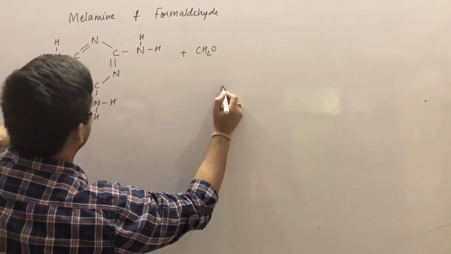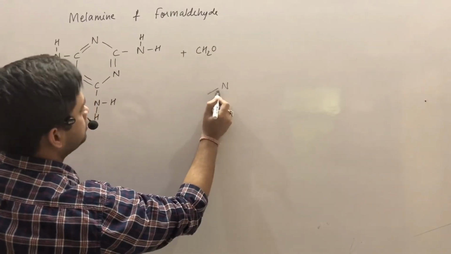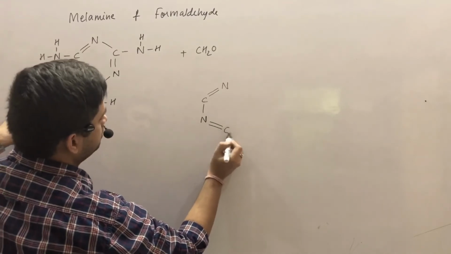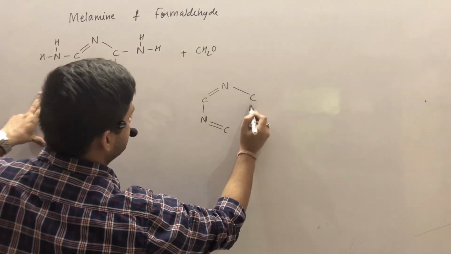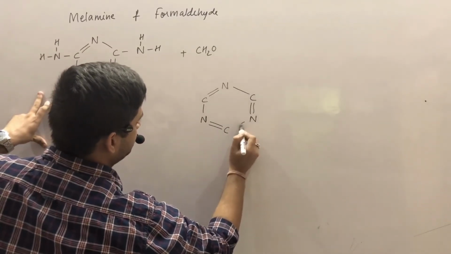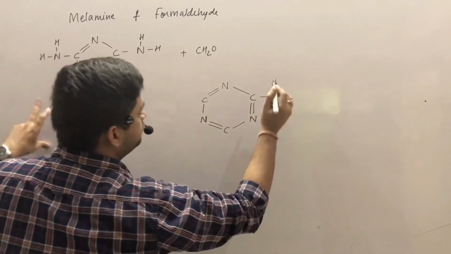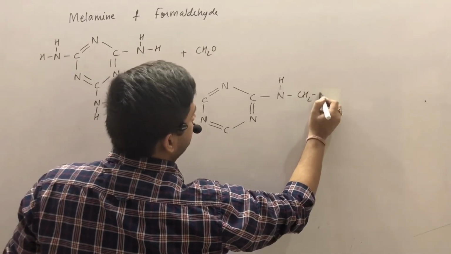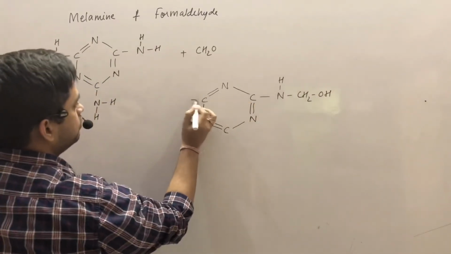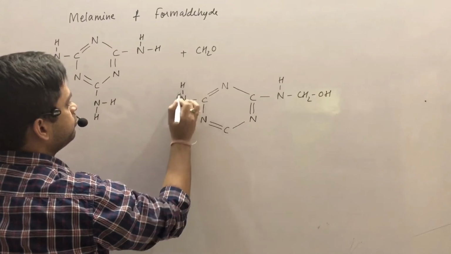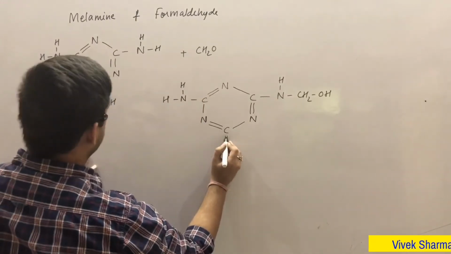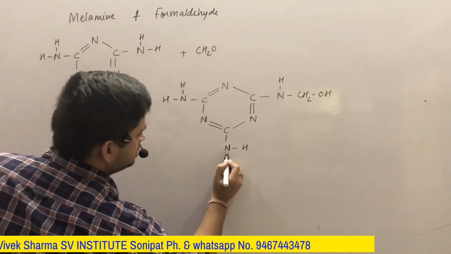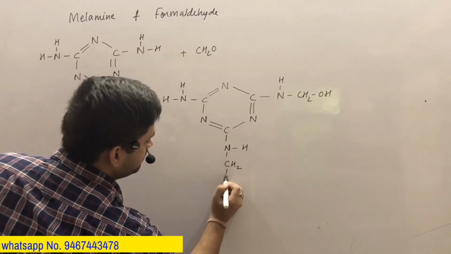So it will lead to formation of the repeating unit. This is the repeating unit after formaldehyde gets attached to melamine. One of the groups will remain free from formaldehyde. The concentration of formaldehyde is taken such that it will attach at two positions.